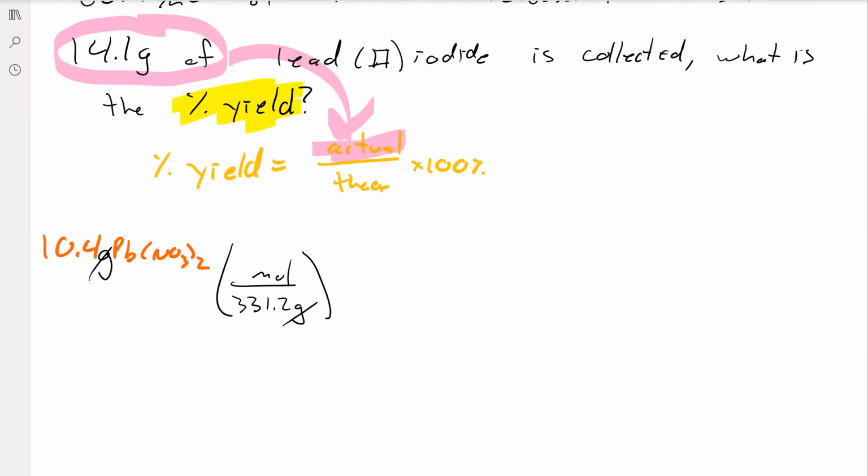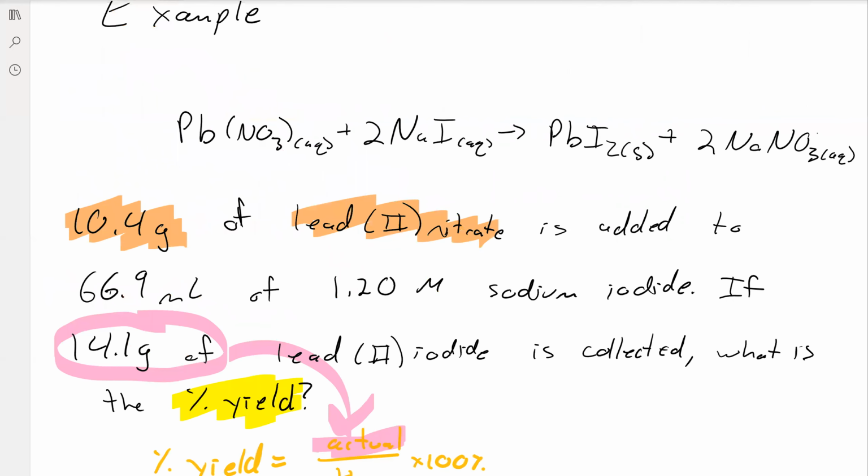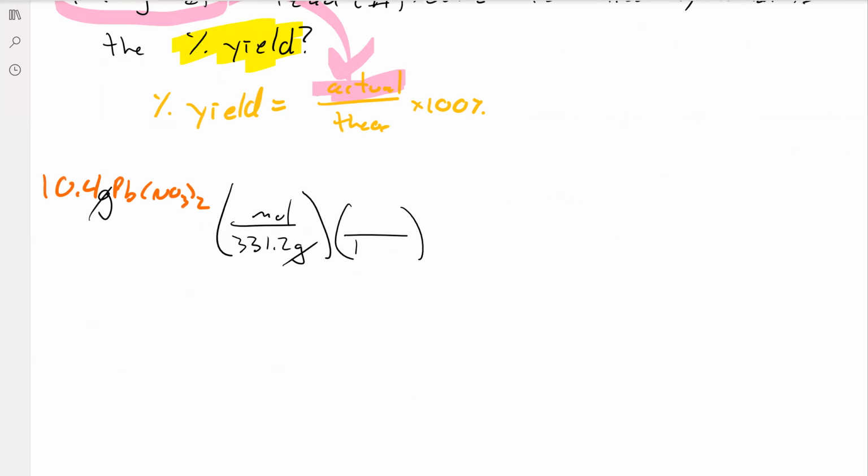Grams and grams go ahead and cancel out. Next up, I use my stoichiometric coefficients, and I can see for every 1 lead nitrate, I get 1 lead iodide. So that takes care of that.